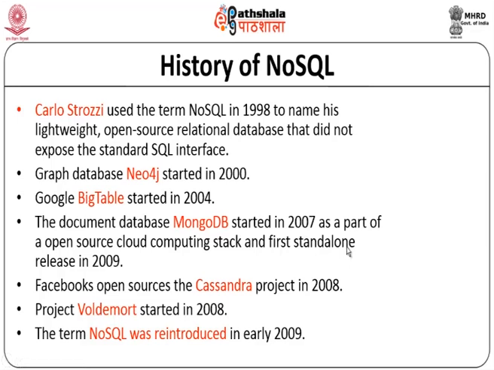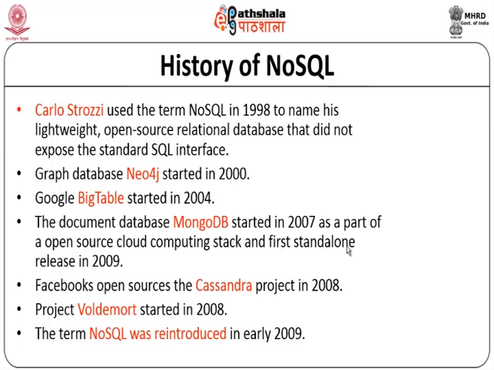Actually, in 1998, the term NoSQL was coined by Carlo Strozzi, and this name was used for a lightweight open source relational database that did not expose the standard SQL interface. Then later in 2000, Neo4j started a graph database for its own applications and backend process.